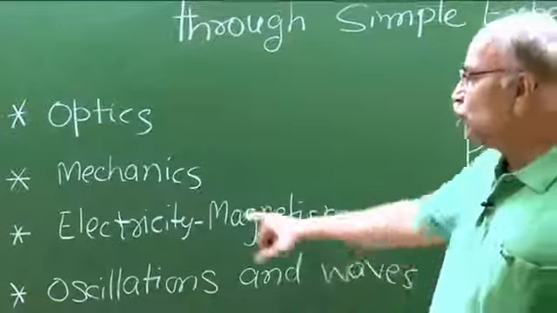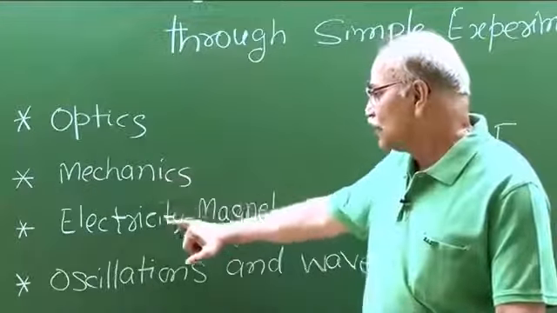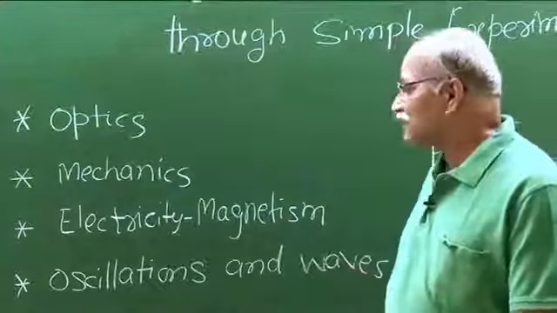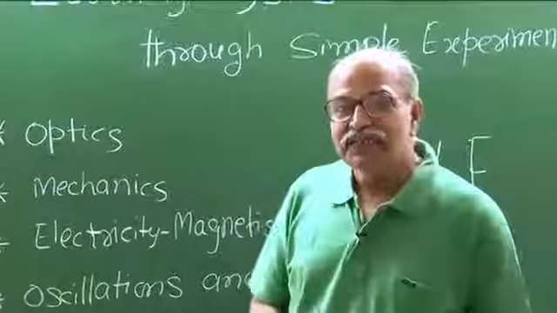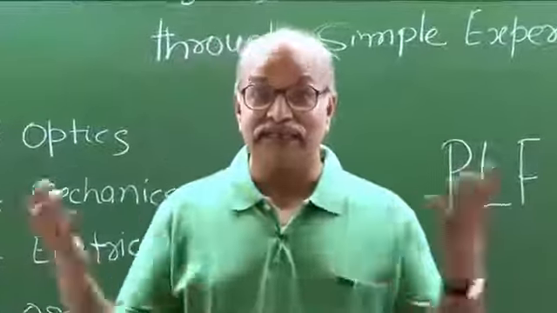So, roughly 2 weeks on optics, 2 weeks on mechanics, 2 weeks on electricity magnetism, and 2 weeks on oscillations and waves. So, we will start with our first module, that is optics, light.